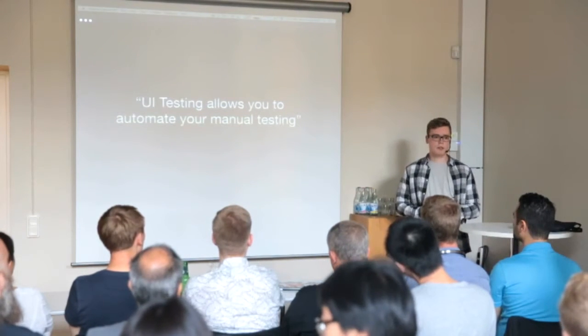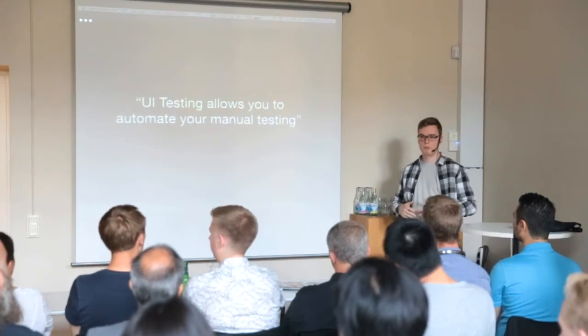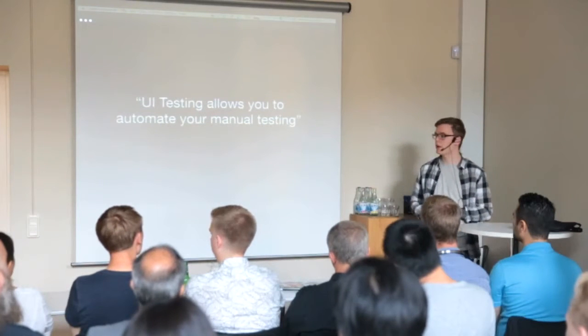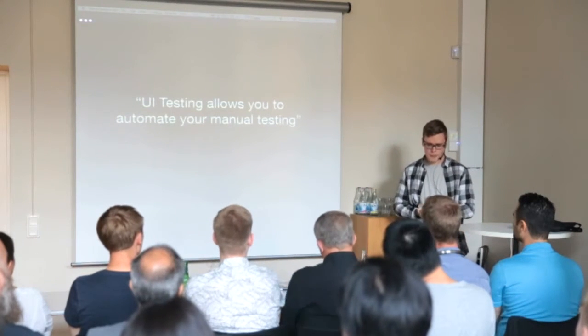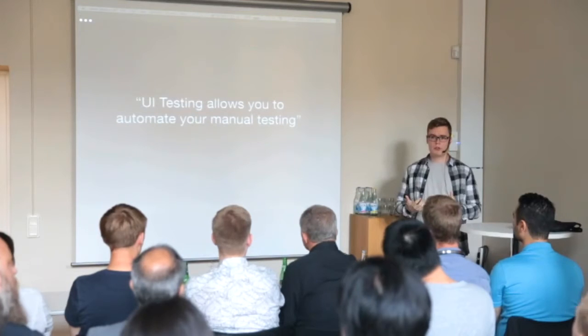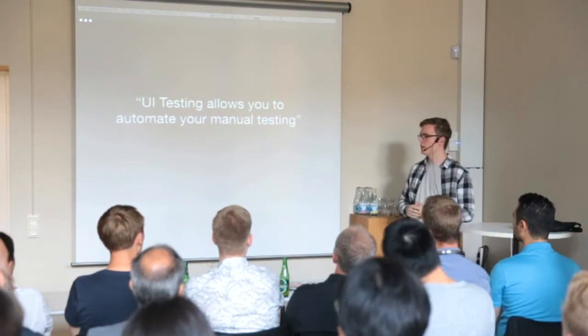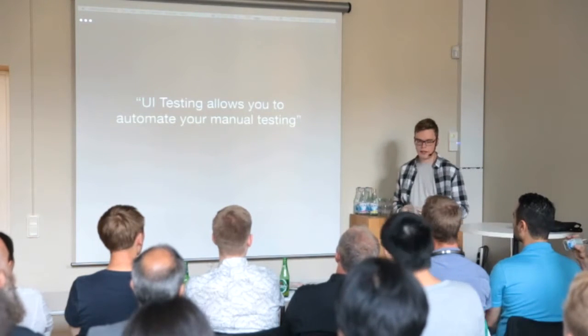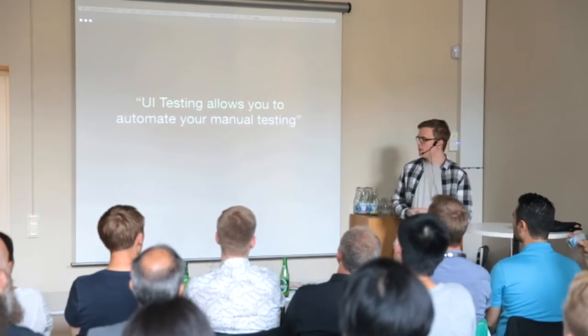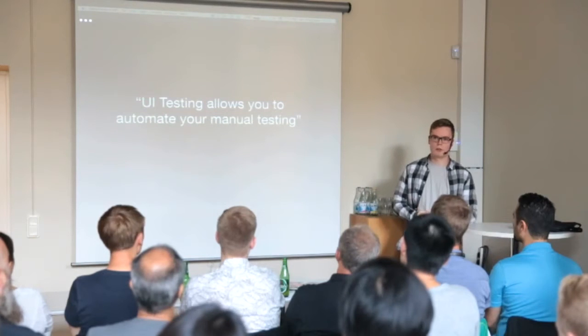And UI testing gives us APIs to do these kinds of things, but with code instead of poking around the application with your fingers. So we have APIs for retrieving elements from our screen to inspect and see what we actually have on our screen, interact with those elements, and then validate their properties to see that they are what you expect them to be.